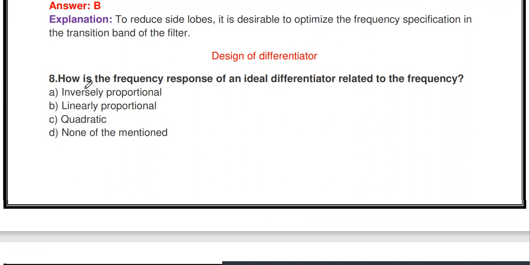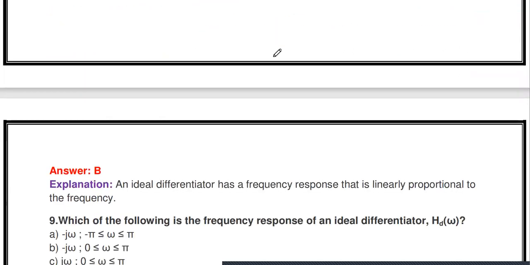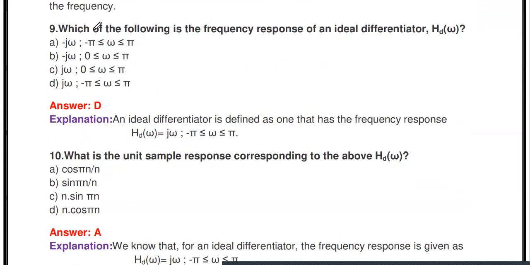Now the question: how is the frequency response of an ideal differentiator related to frequency? It is linearly proportional to the frequency. Then which of the following is the frequency response of the ideal differentiator?